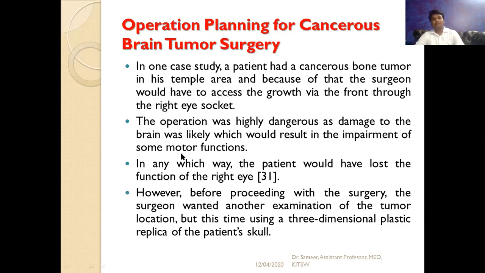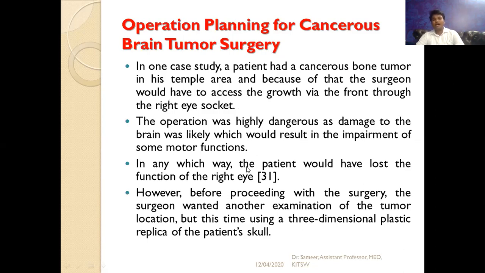The first example that we talk about is the operation planning for cancerous brain tumor surgery. In a case study, a patient had a cancerous bone tumor in his temple area. Because of that, the surgeon would have to access the growth via the front through the right eye socket.